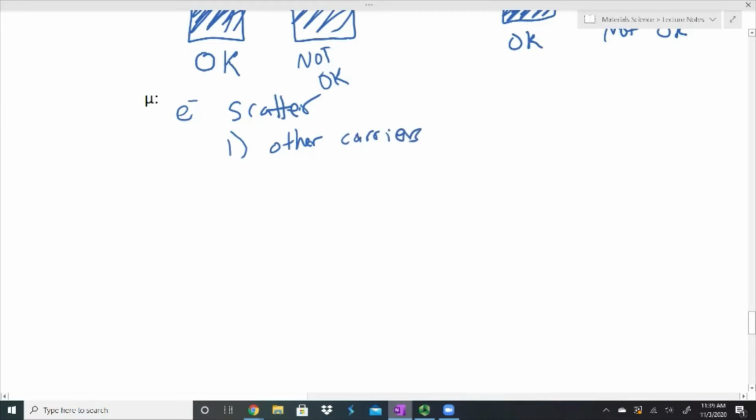And by carriers, I'm talking about other charges. So electrons will bump into other electrons. Or two, they're going to bump into the lattice. As they move around, there are essentially these positive cores of these atoms, kind of like these ions that are sitting there, that are going to interact with it as well. We need to balance these things out.